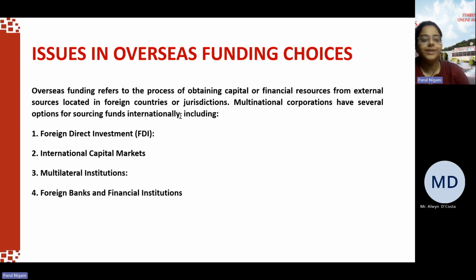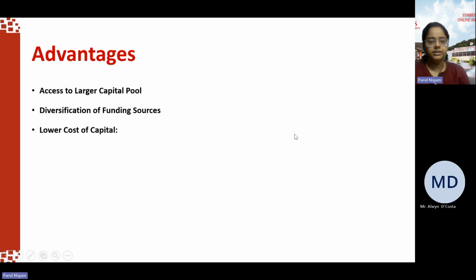That gives more flexibility in local banking operations. In India you can compare it with HSBC Bank, which is a subsidiary of HSBC Holdings UK. So that is a subsidiary bank. Fine. So these are basically the overseas funding sources.